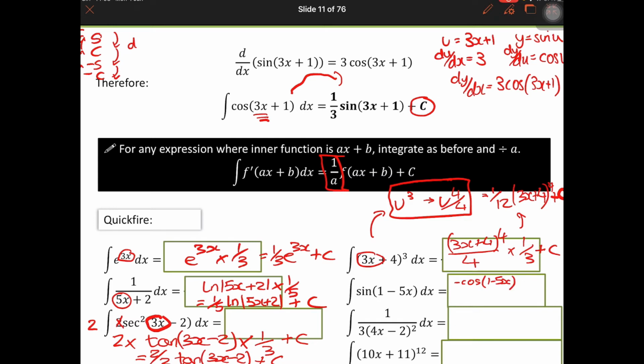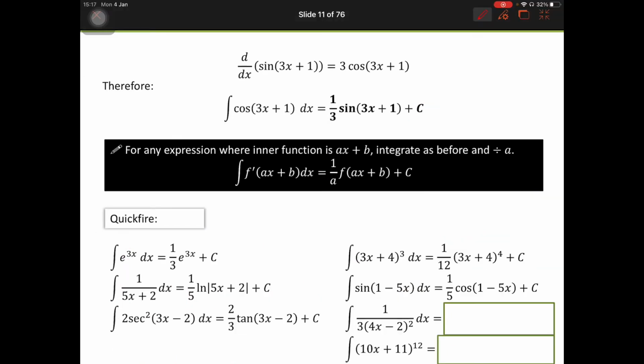But again, I've got to remember, I've got a minus 5x in here, so I have to times by minus a fifth, and then I need my plus c again. So minus cos and minus a fifth, I will end up with a fifth cos of 1 minus 5x.